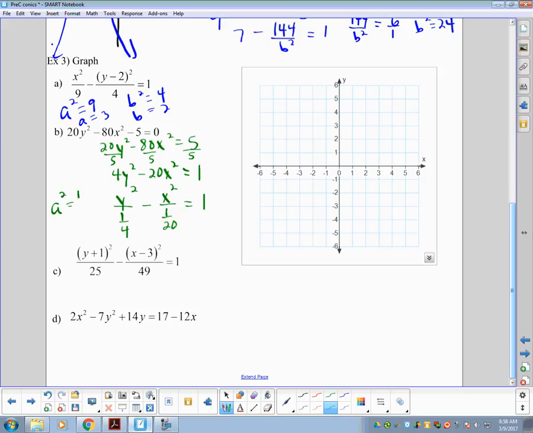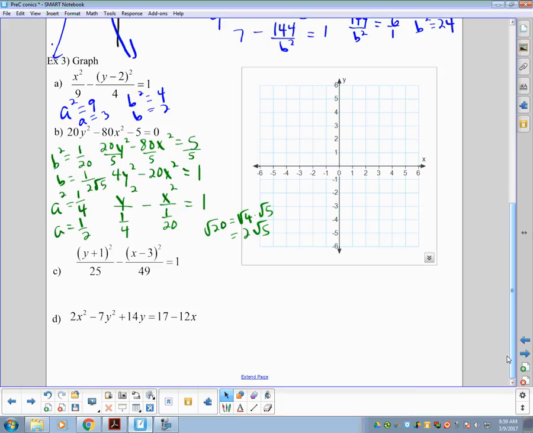a² equals 1/4 means a equals square root of 1/4, 1/2. b² equals 1/20 means b equals, that'd be taking half of it, 1 over 2 root 5. Yes? Oh, 16. Okay, that would be the correct value.